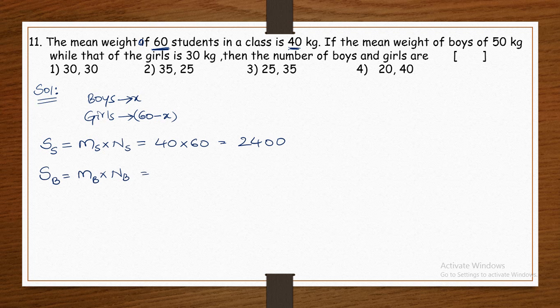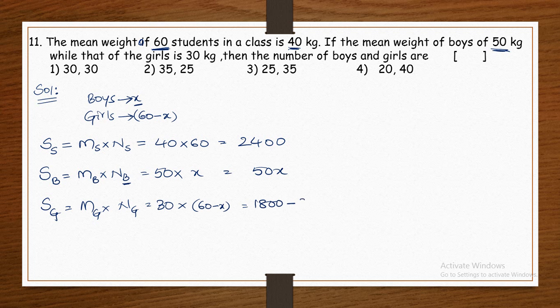Mean of boys is given as 50 kg into number of boys, which we considered as x, so this gives me 50x. The same way, sum of girls is equal to mean of girls into number of girls. Mean of girls is 30 into number of girls, 60 minus x. When I multiply, this gives me 1800 minus 30x. That means this 30 is multiplied with both the terms in the brackets.